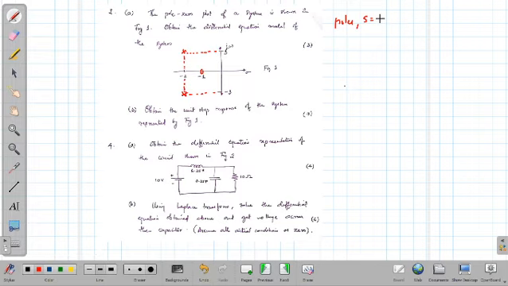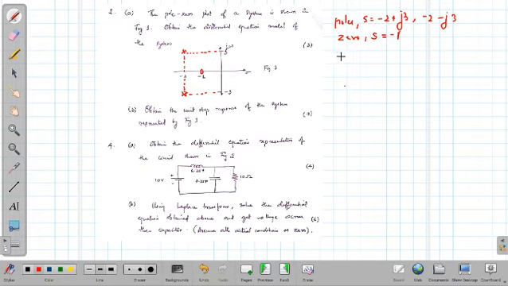So the pole locations are -2 plus J3, and the second pole location is -2 minus J3. What is the zero location? Zero location is S equal to -1. Correct? Fine.